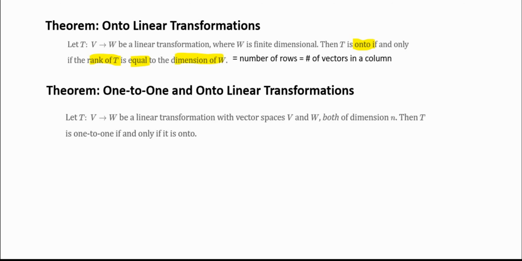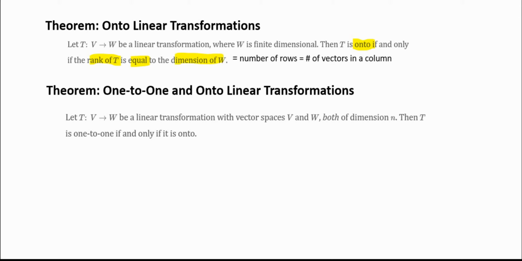That is, the solution space for AX equal to zero only gives values of zero, and we get onto when the rank that we can find is exactly equal to the number of rows.